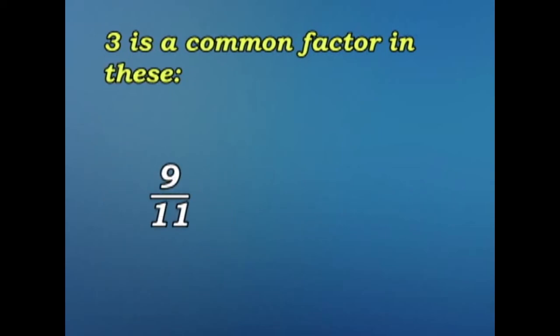Look at this one. 9 over 11 multiplied by 5 over 12. Well, 3 times 3 are 9, and 4 times 3 are 12. So we can reduce 9 to 3, because 3 3's are 9, and 12 to 4, because 3 4's are 12.